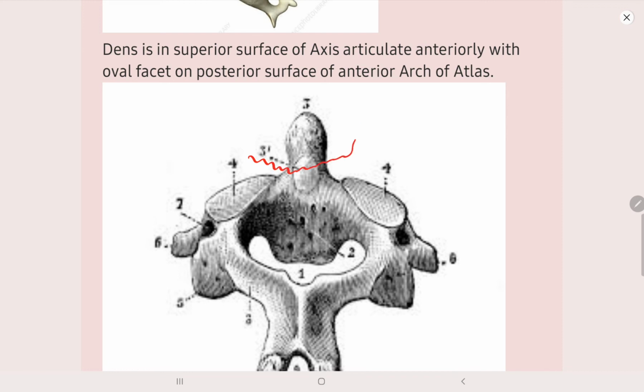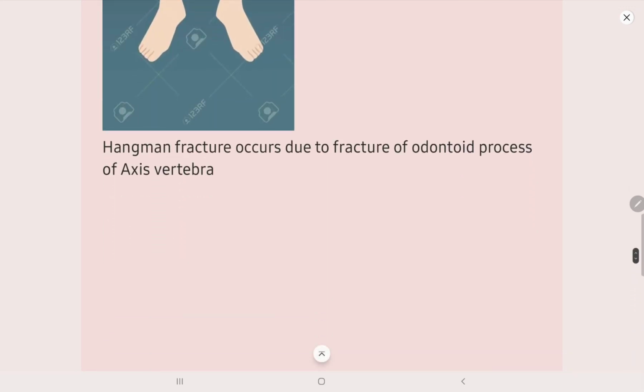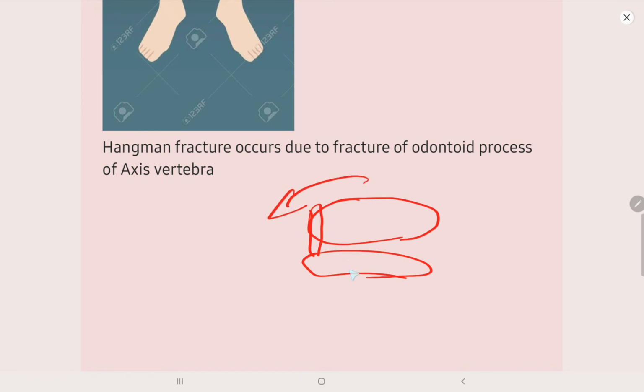Do you know how? If I give an example, if this is the atlas and this is the axis, then when we are hanging, the atlas will move backward and the axis will move forward.